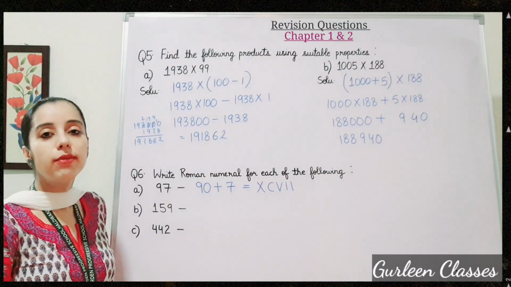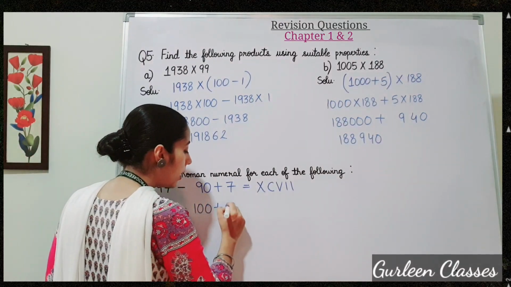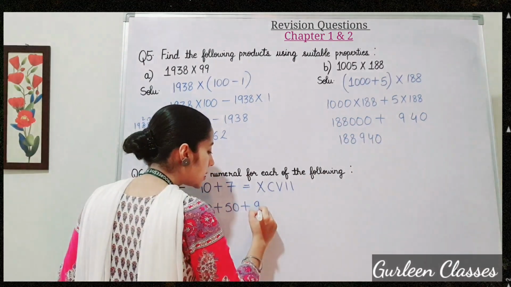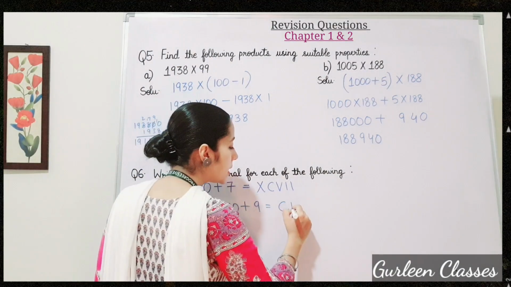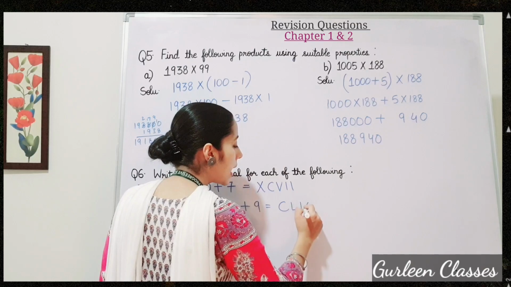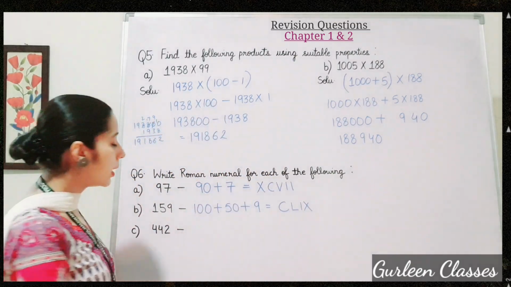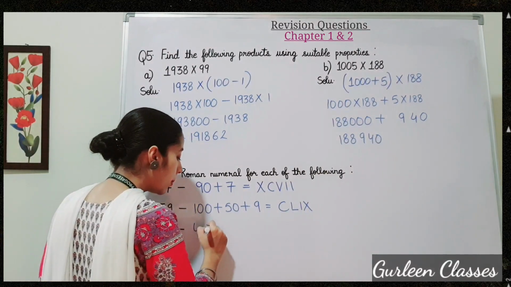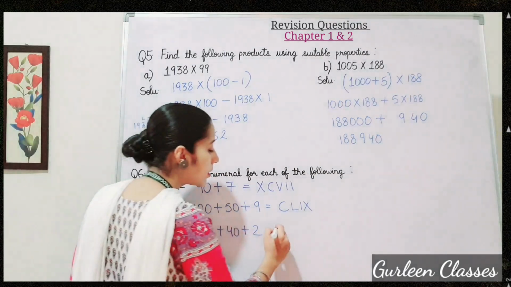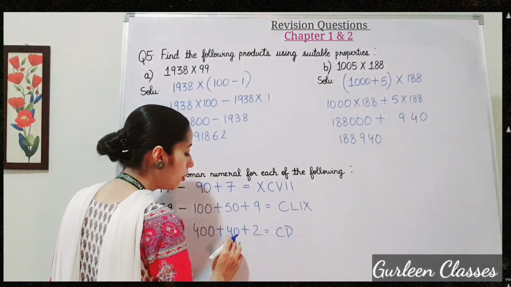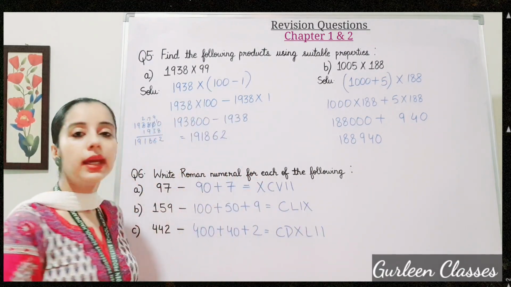B bar 159. 159 expanded form 100 plus 50 plus 9. 100 is written as C. 50 is written as L. 9 is written as IX. Now C part 442. So 400 plus 40 plus 2. 400 is written as CD. 40 is written as XL. And 2 is written as II.